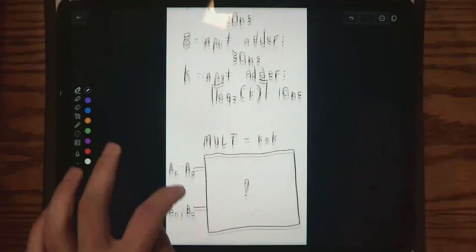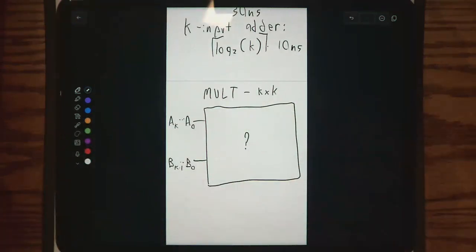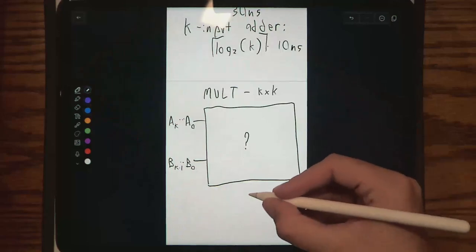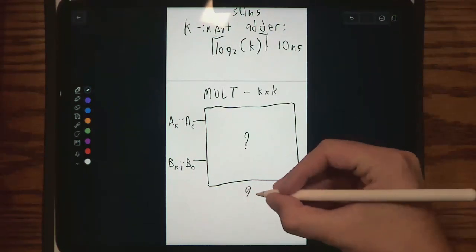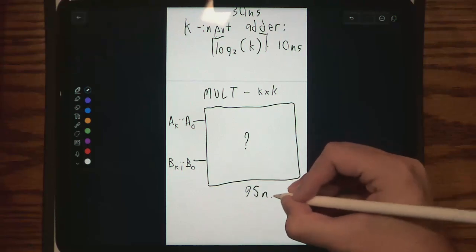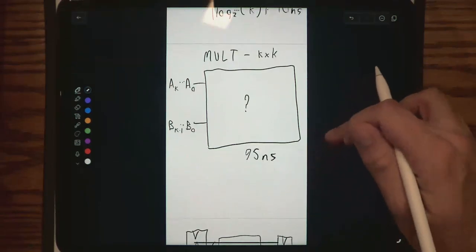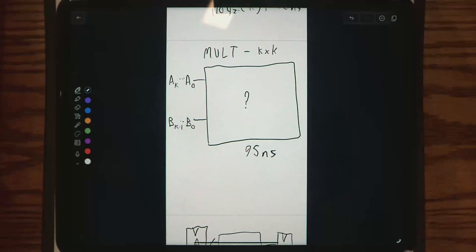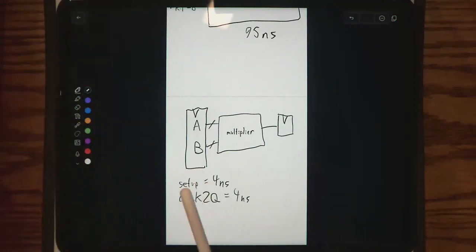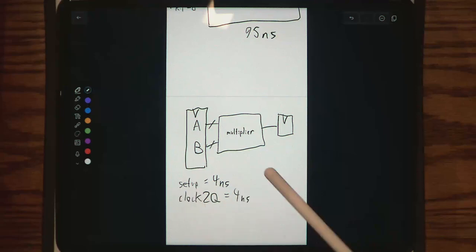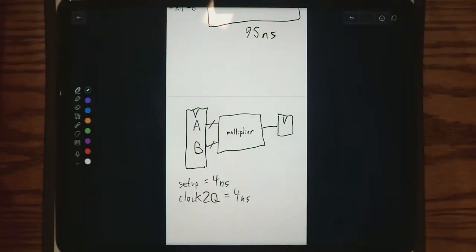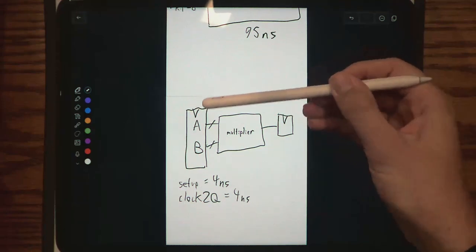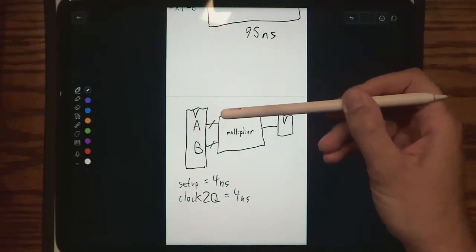And let's say this is part of some multiplier, right? So let's say that now this whole thing, if we factor in the muxes as well, maybe it's like 95 nanoseconds or something to do all this. And now let's say we have flip-flops on this. Maybe we have a 4 nanosecond setup time, 4 nanosecond clock to Q. So that means that when you raise the clock input, the delay for this Q output to be valid takes 4 nanoseconds.